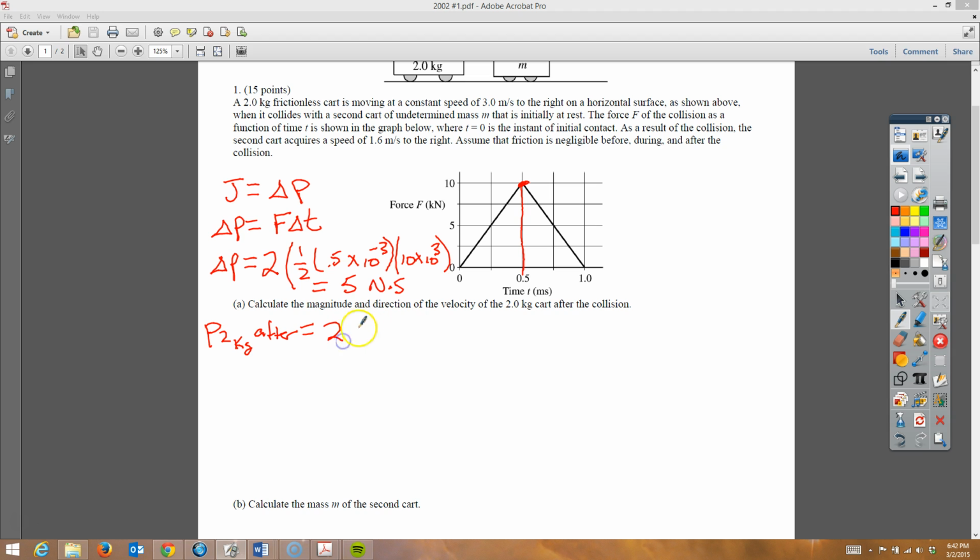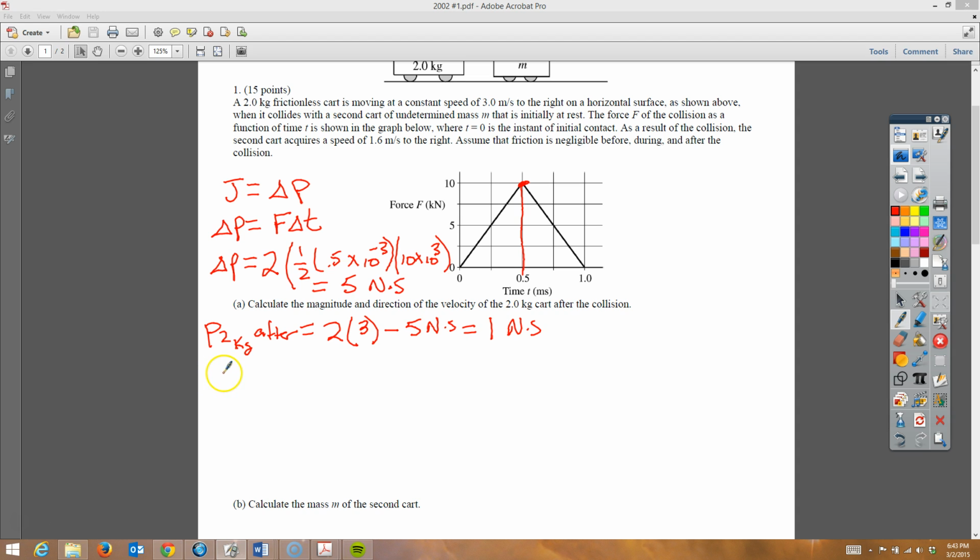We know its mass is 2, we know its velocity is 3, and we're going to subtract off the 5 newton seconds that we just got. So we know that this was the total, and this is what we have for the 2 kilogram cart. Let's see what we have left. 3 times 2 is 6, minus 5 gives us 1 newton second.